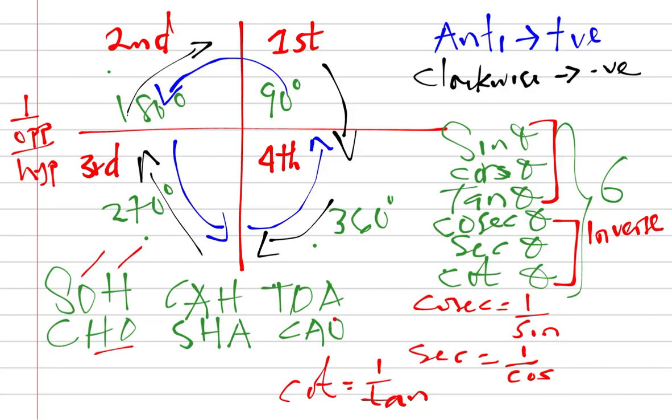Now most times you don't have these three values on your calculator. So anytime you are asked to do cosec, sec or cot on your calculator, you just do 1 over. For instance, if you want to do cosec 45 degrees, you cannot get cosec on your calculator.